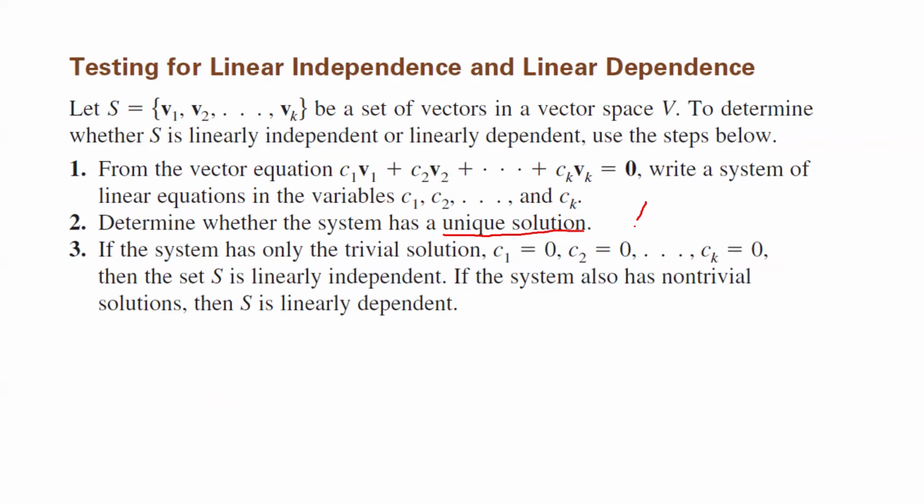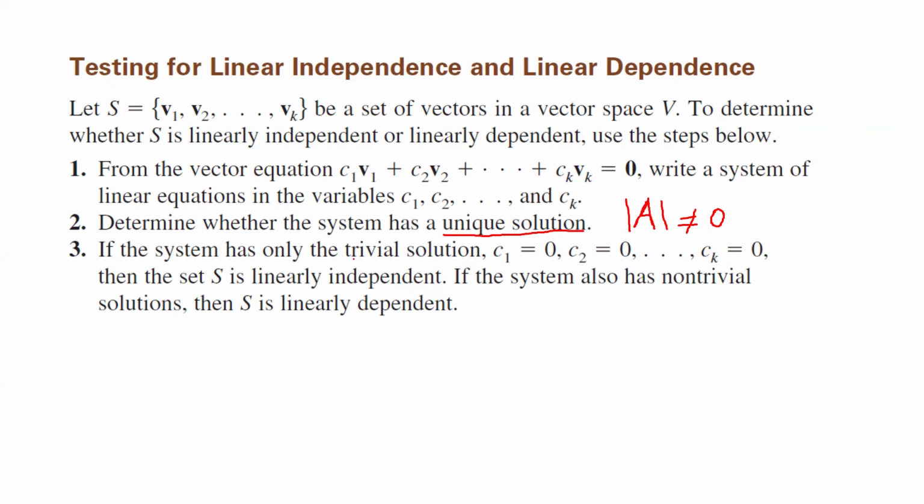Remember that if your matrix is invertible or non-singular, meaning the determinant of the matrix is non-zero, then you can easily work with the system by multiplying by the inverse of A and check to see if you end up with a unique solution or not.